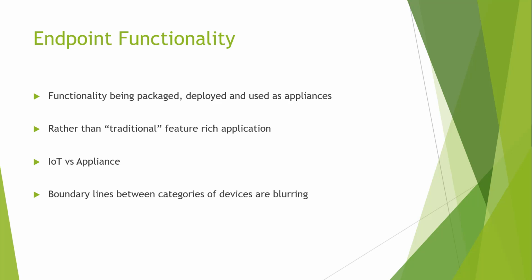So IoT versus appliances. IoT is a little bit more robust. A smart thermostat often will be called an IoT device. However, more often than not, it's a smart appliance. It's not always an IoT device. Some of them are just smart appliances.